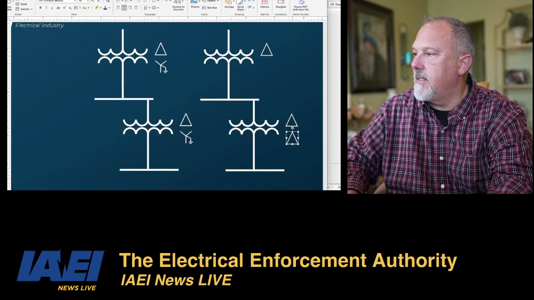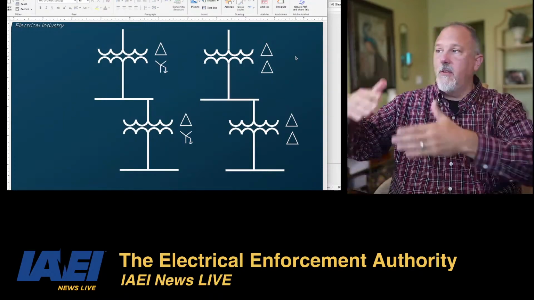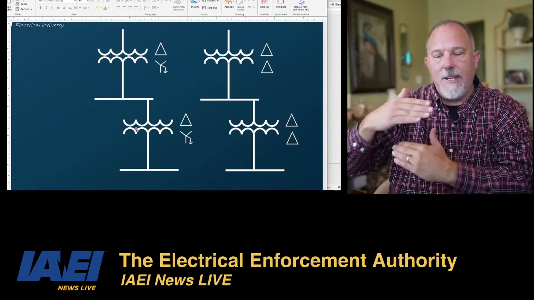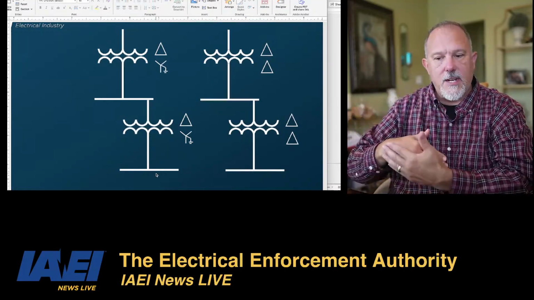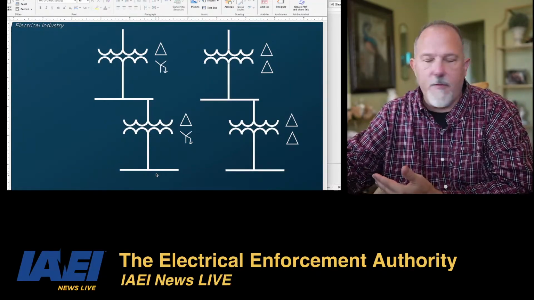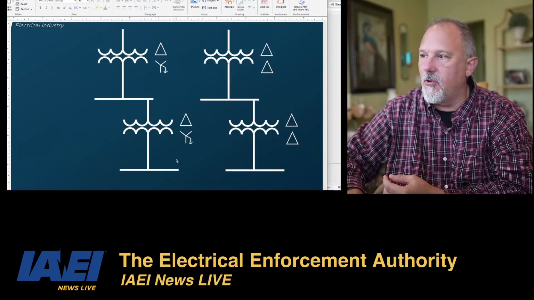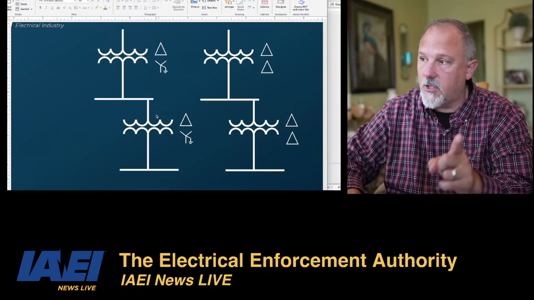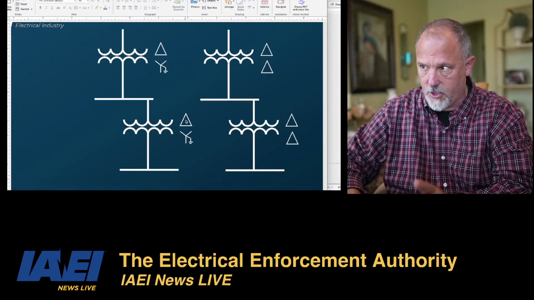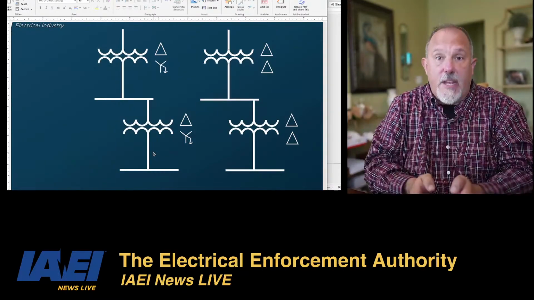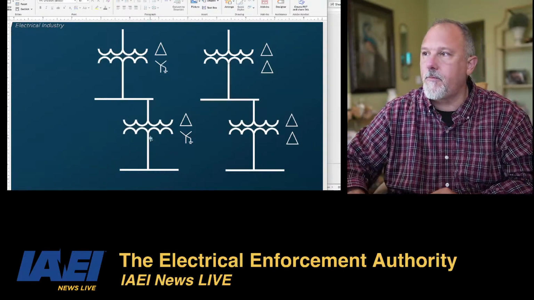That would be delta, delta, delta, delta, and that would be your ungrounded system. But what this delta does, that isolation, ground faults on the secondary won't flow through the delta on the primary. So ground fault currents, the zero sequence currents, will circulate. A ground fault on the secondary of a transformer looks like a phase-to-phase fault on the primary.